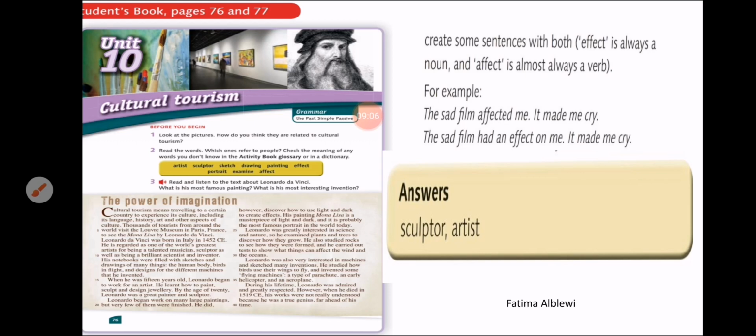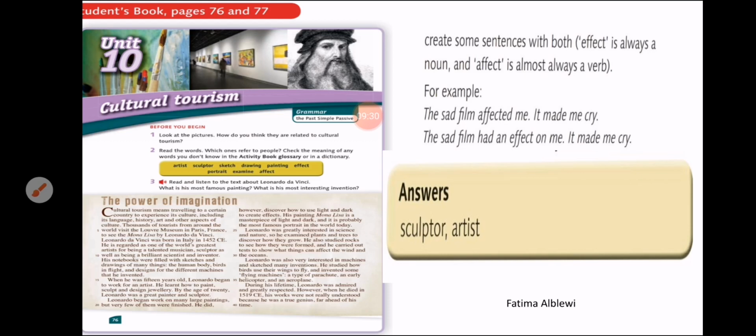Okay. Now, when he was 15 years old, Leonardo began to work for an artist. Then, when did he begin to work for an artist? When he was 15 years old. He learned how to paint, sculpt, and design jewelry. Okay?